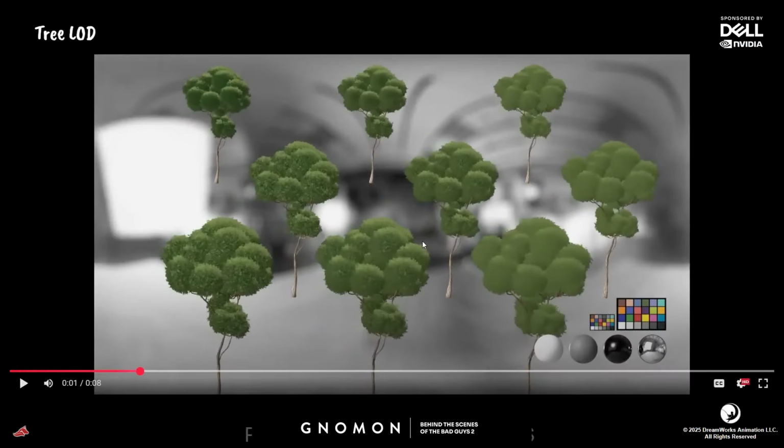We started out with a PBR shader, and just so you guys know, Bad Guys 2, even though it's stylized, is actually a PBR show. We don't use toon shading until we need it, because PBR materials give us more control.